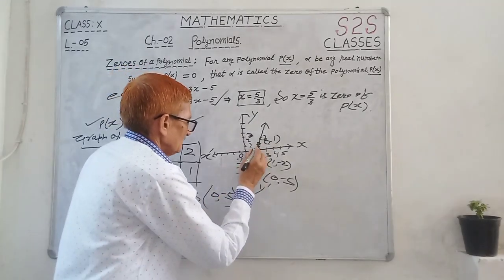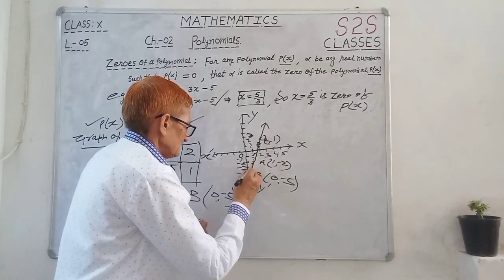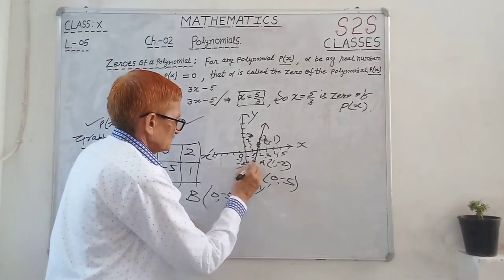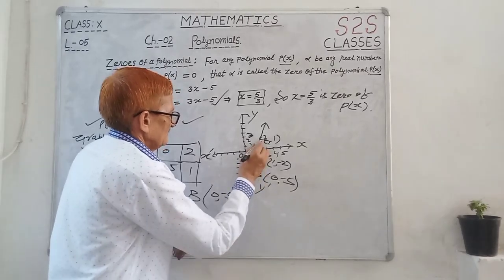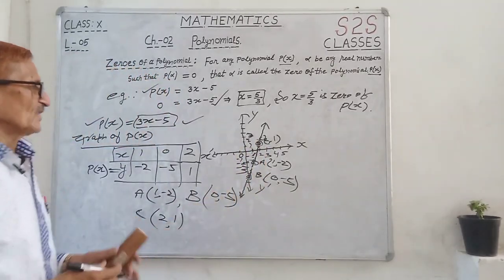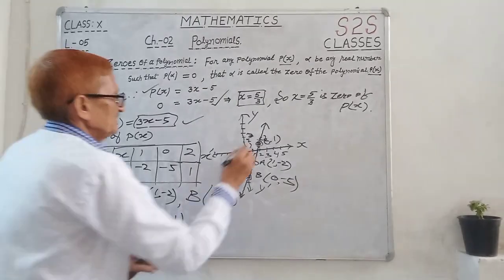You join all points, and for a linear function this will be a straight line. So join these 3 points. This is called the graph of the px.